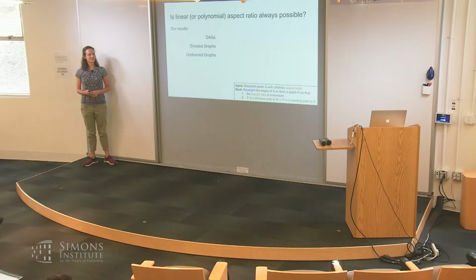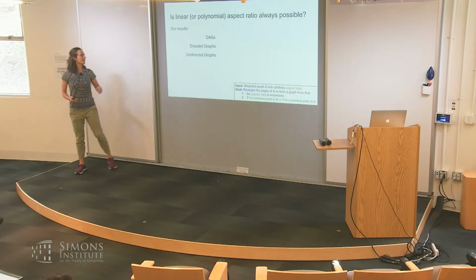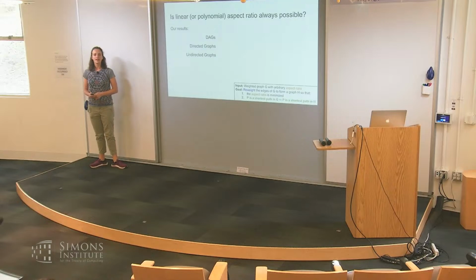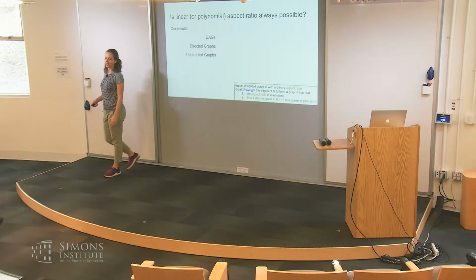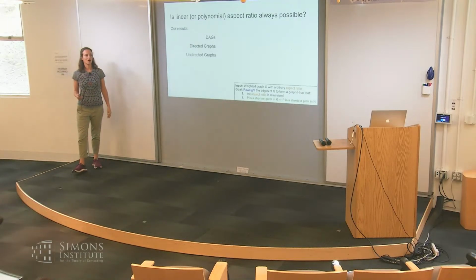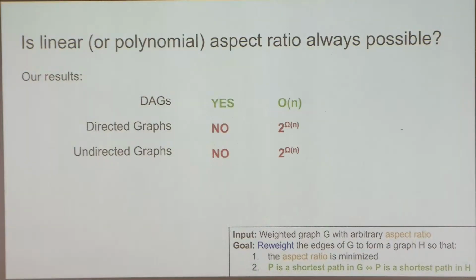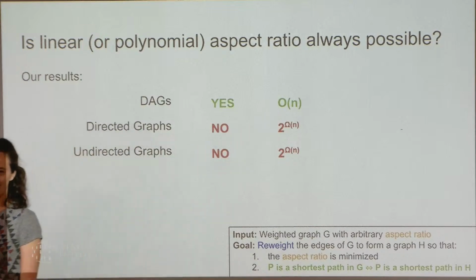Okay, so here is what we discovered about this problem. We're asking the question of whether linear or polynomial aspect ratio is always possible. And we study DAGs, general directed graphs, and general undirected graphs. It turns out the answers to these questions are yes, no, and no. In particular, for DAGs, you can match the upper bound of order n.